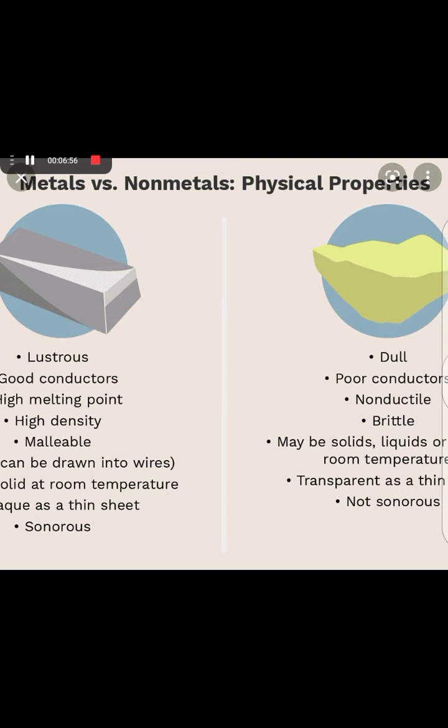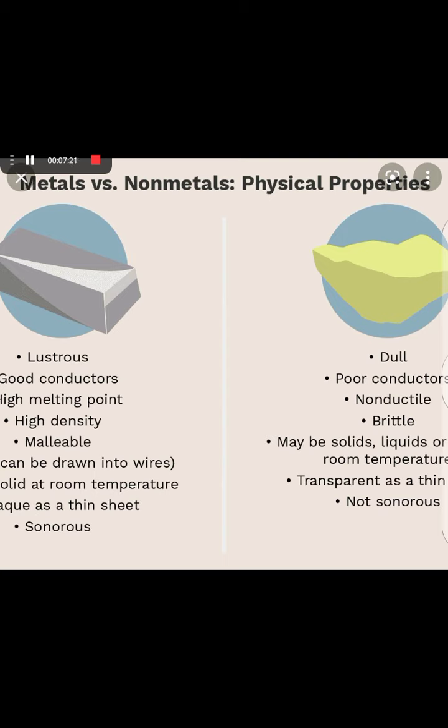Then we will see some physical properties of metals and non-metals. First, the properties of metals. Metals are lustrous and good conductors with a high melting point. Non-metals are dull, poor conductors, non-ductile.